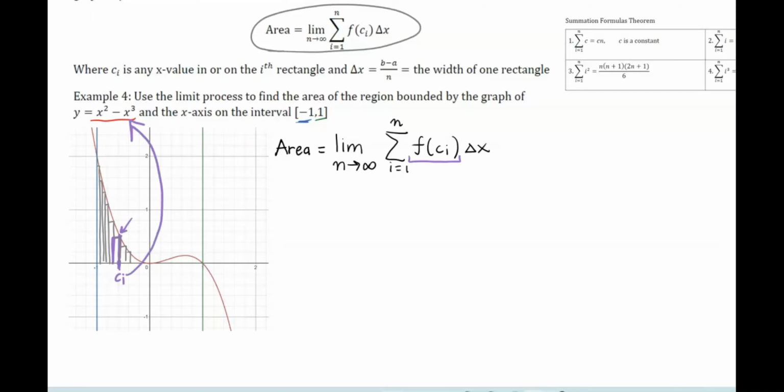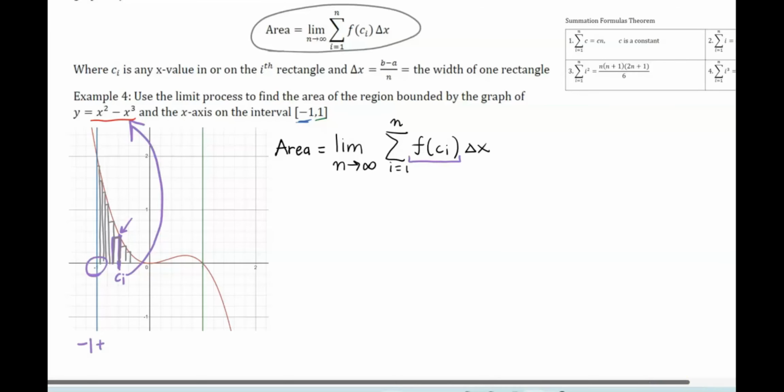To find that x value, we have to remember that this started at -1, and it moved over I rectangles, because that is the ith rectangle. So if it's moving over I rectangles from -1, we have to add I multiplied by 2 over n.